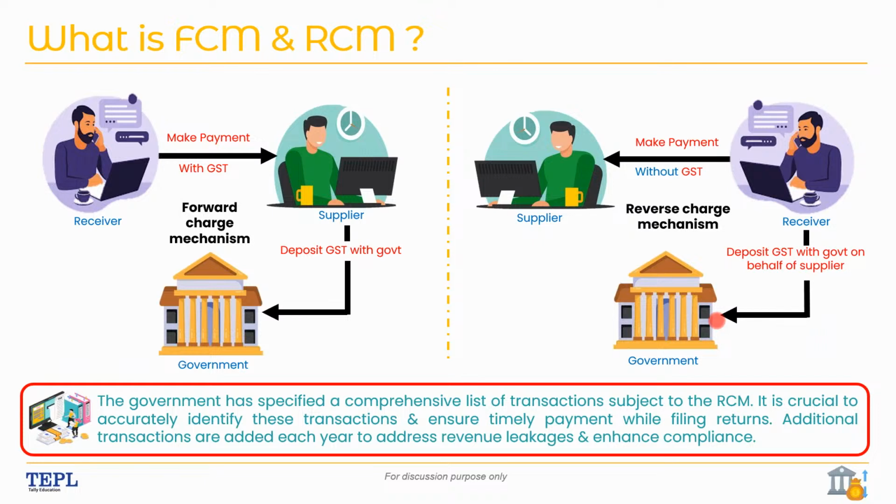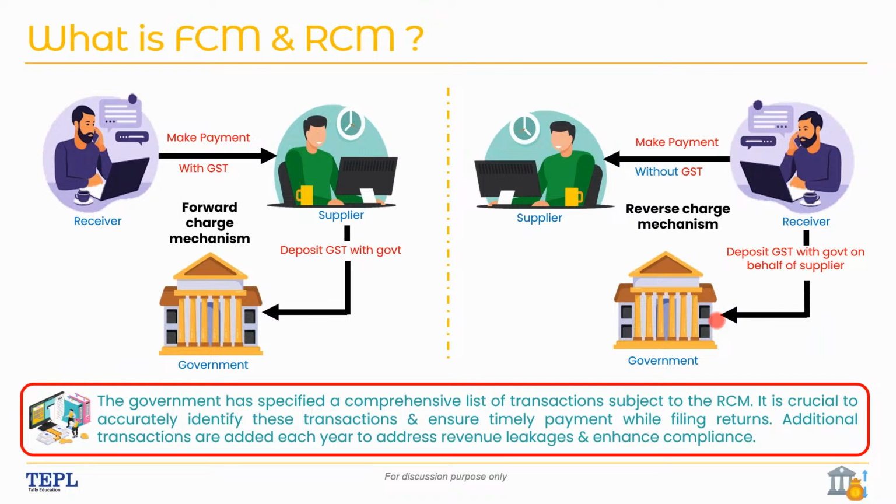Now, why was this transaction brought in? There are certain categories of transaction or people, let's assume a GTA, where there is a chance that most of them do not have access to information or do not have access to file basic returns like GST and all of that. So in the Parliament's wisdom, they thought that some of these players are unorganized and it could be very difficult to expect them to pay taxes.